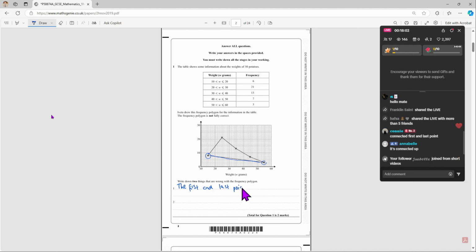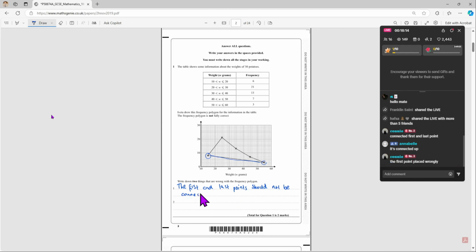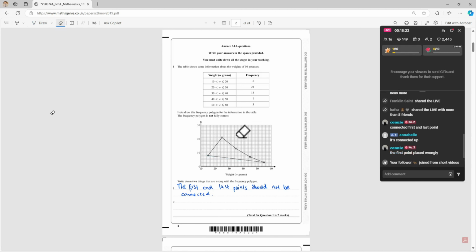And then what is the other one? What is the other mistake? Yes, the other one is that the first point is placed incorrectly.